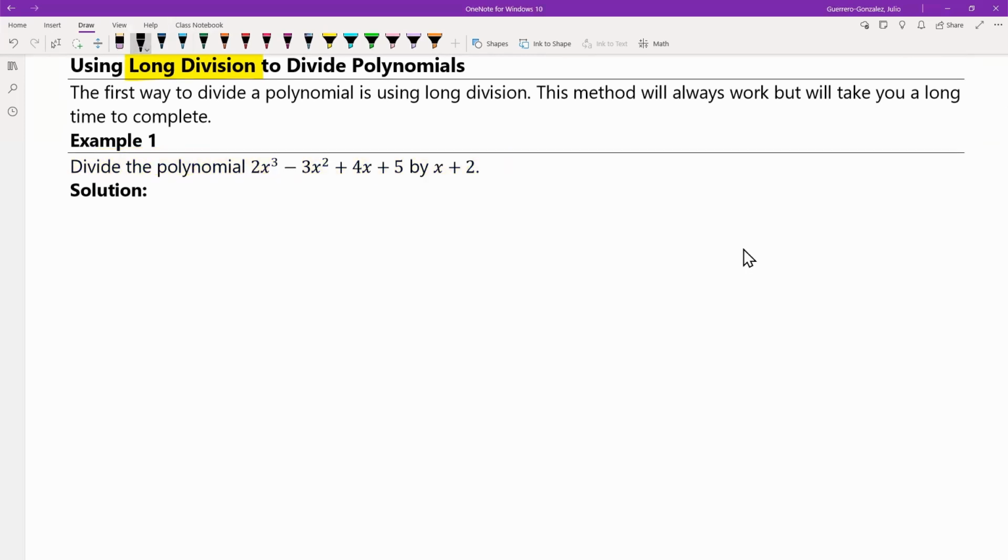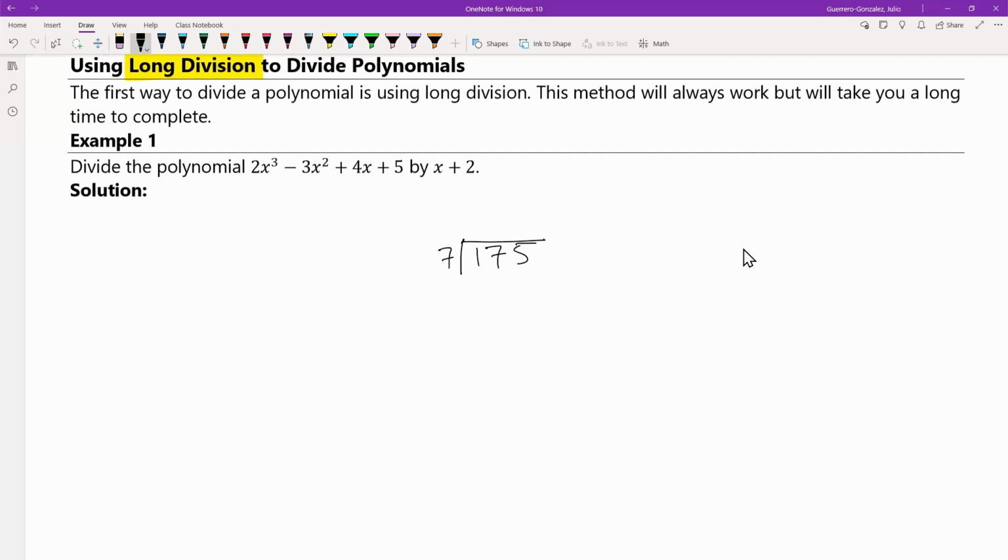Let's say I wanted 175 divided by 7. Hopefully you guys remember something like this. We're going to divide this out, and we're going to see the relationship when we do the actual polynomial stuff.